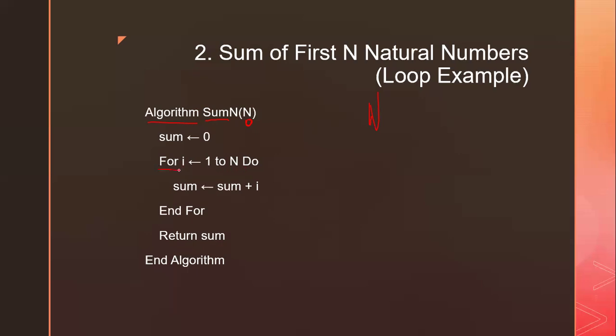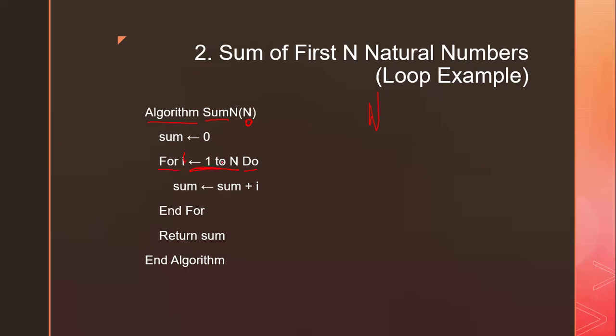So a for has got a do here as well. We've got for i, the identifier, and how many times we're iterating. So for i assigned 1 to n, do sum assigned sum plus i.